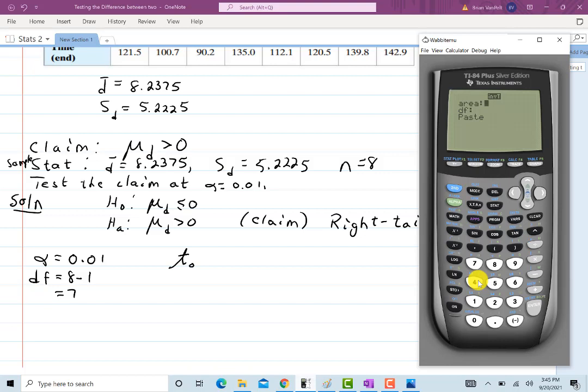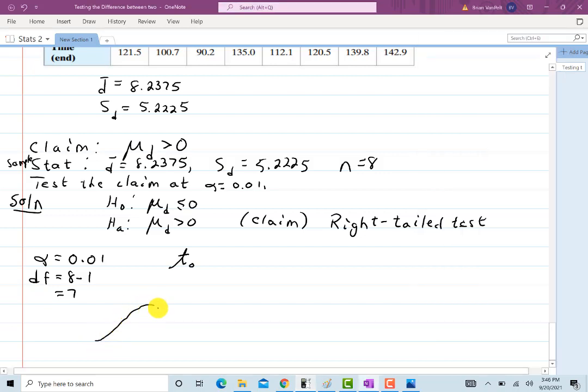What we want is this. I want this piece over here to be 0.01. That means up to here is 0.99. That's what your calculator needs. It's the area from negative infinity up to the T0 value. And right there is T0.